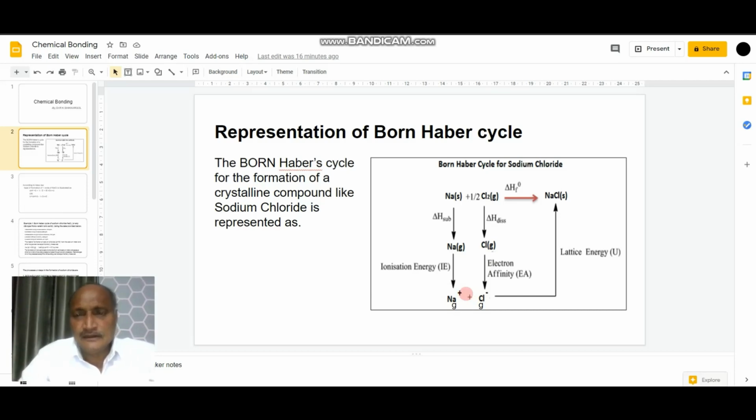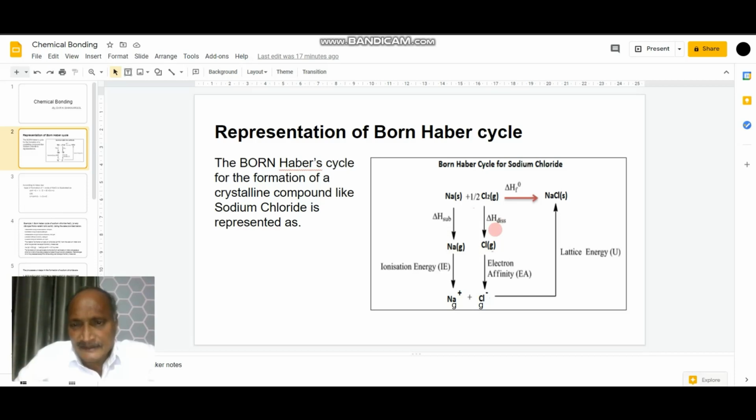Then coming to the third step, that is dissociation of the chlorine molecule. Here chlorine is in the gaseous state and in molecular form, but for the formation of sodium chloride we need only one chlorine atom.